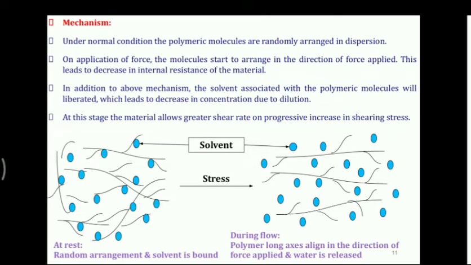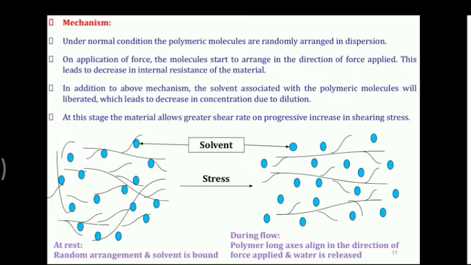In addition to the above mechanism, though this is a minor mechanism, so we are not focusing majorly on it, the first one is the major mechanism. The solvent associated with the polymer molecules will be liberated, which leads to a decrease in concentration due to dilution. On the left hand side of the figure you can see the blue spheres. These are the solvent molecules which are attached to either the short axis or long axis of the polymers.